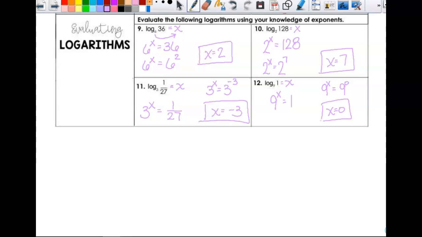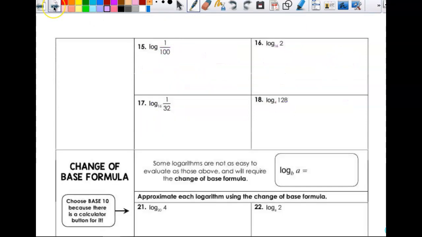All right. Now I want you to do number 15. So the base is 10, right?